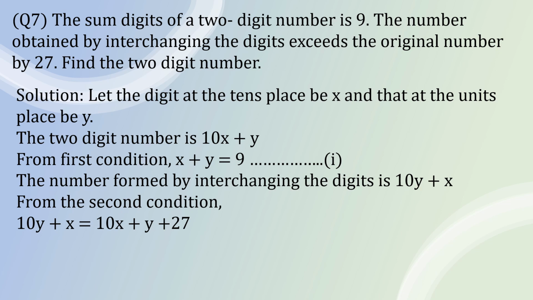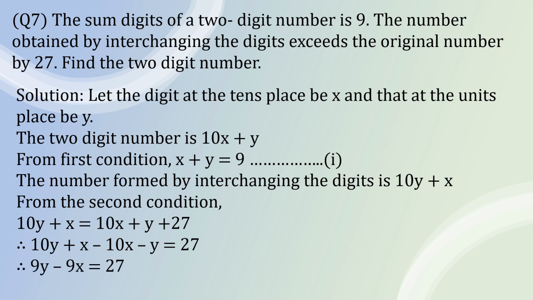So our original number is 10x plus y, plus 27 we have to write because it exceeds. So we'll bring the variables to one side and keep the constant numbers to the other side. Therefore 10y plus x, and if you bring 10x plus y to this side, it will become minus 10x minus y equal to 27.